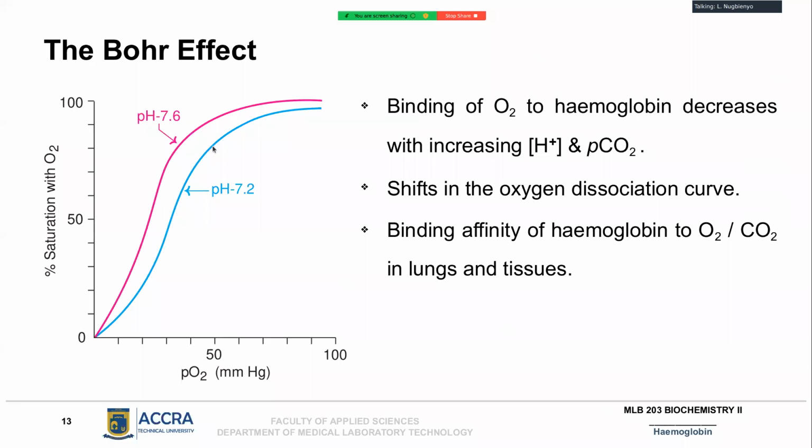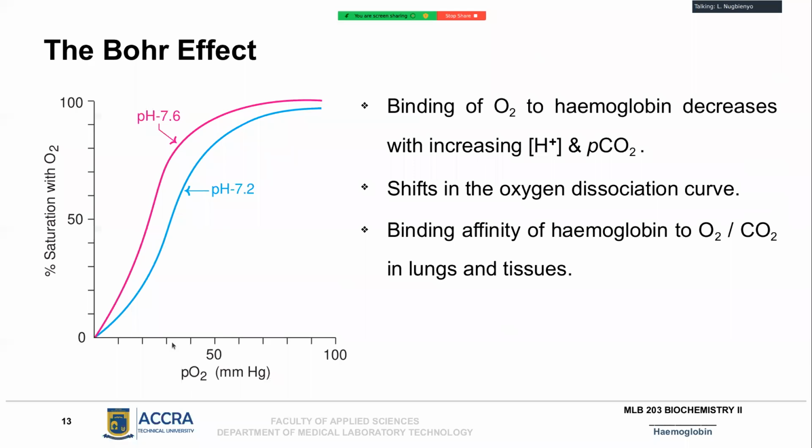Then we have the blue line representing what is happening in the tissues. Like we saw earlier, on the vertical axis we see saturation of hemoglobin molecules with oxygen, and on the horizontal axis we have what? The partial pressure of oxygen. Call it the concentration of oxygen.